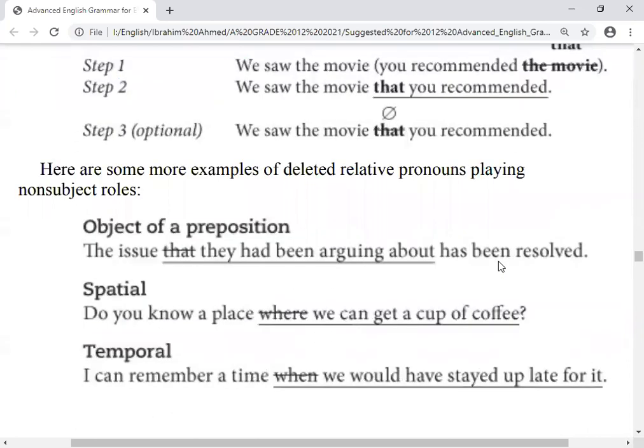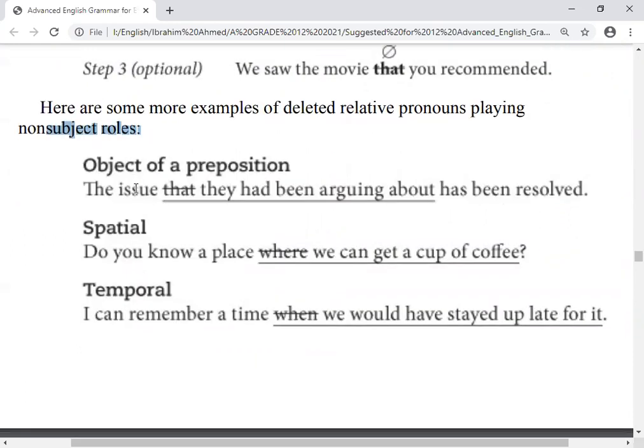Here are some more examples of deleted relative pronouns playing non-subject roles. Of course, subjects can be deleted, but we talk about non-subjects. Object of a preposition: The issue that they had been arguing about has been resolved.